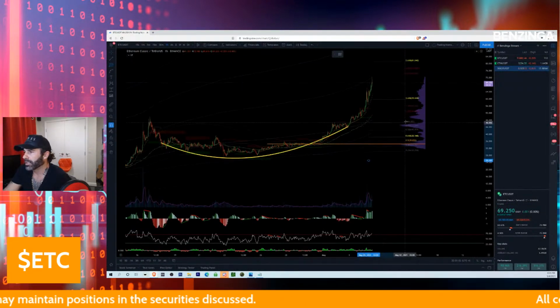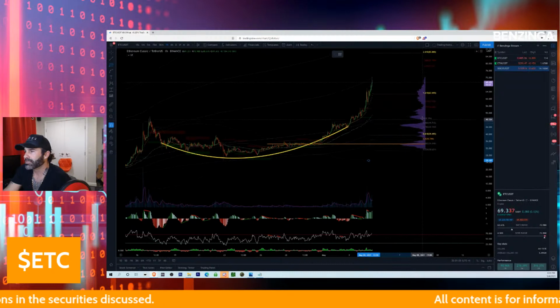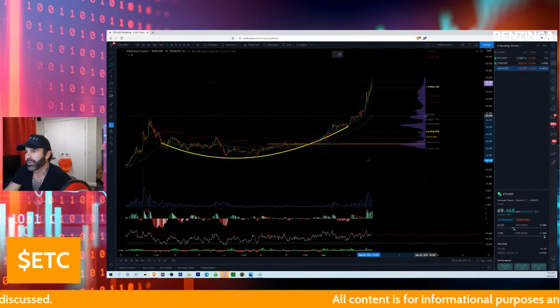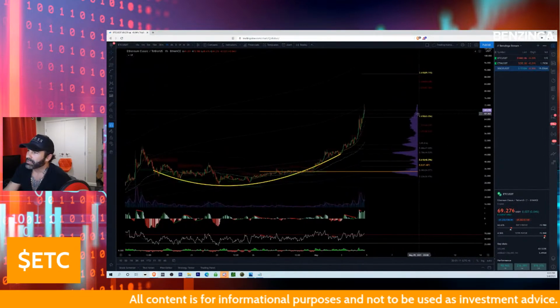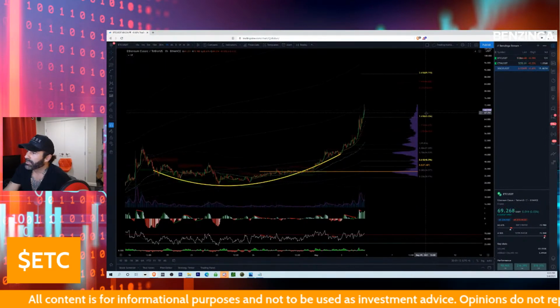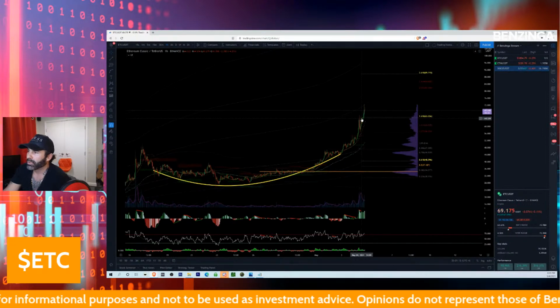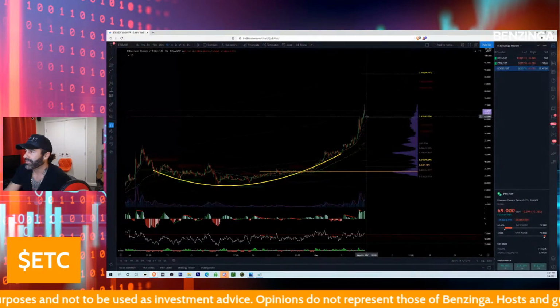But real quick on ETC, this one is going to be hard. It's in price discovery mode. But using some of these Fibonacci retracements, we broke through the 1.618 at $65.